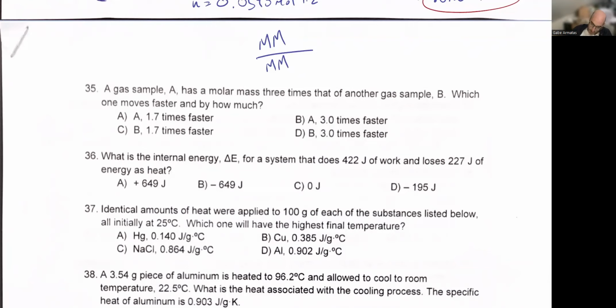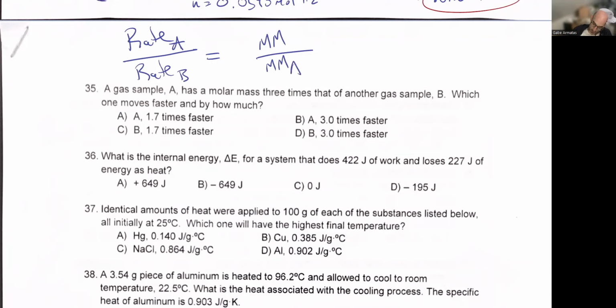I've got that upside down. So the rate of gas A as a function of the rate of gas B.